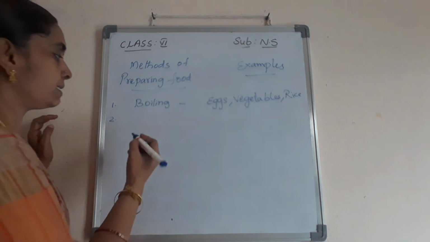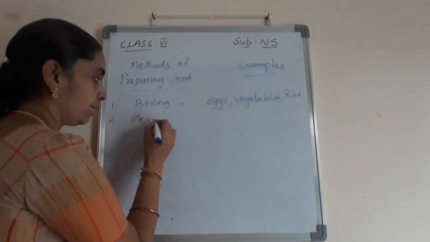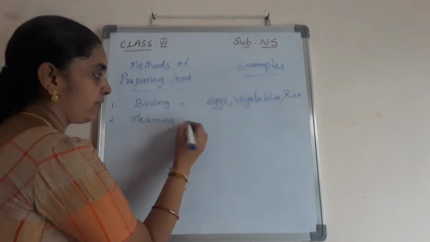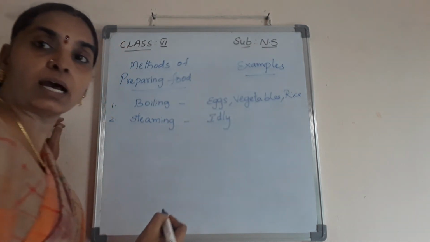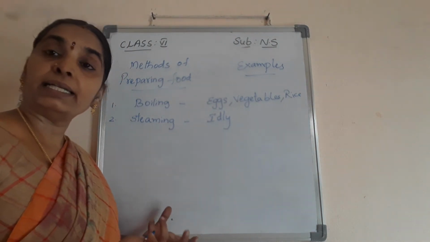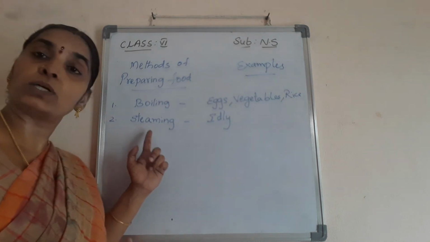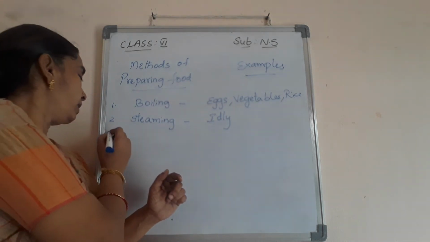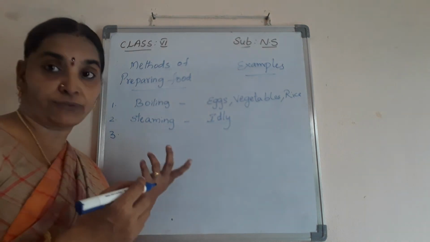Okay, next is the steaming method. You know very well that idli is fermented before night. Idli and dosa are fermented. The batter is prepared a day earlier and it is fermented. The idli is cooked by the process of steaming, and dosa is cooked by the process of shallow fat fry.